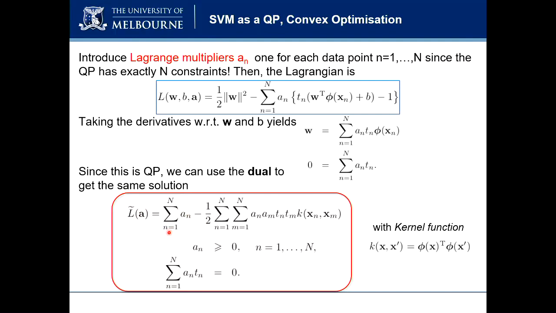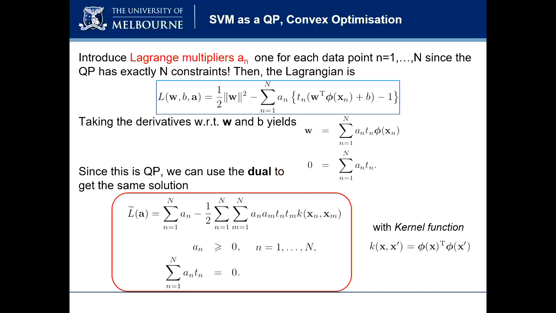The dual is in terms of the ans. The phi's will multiply, and because phi transpose phi can be defined as a kernel function, a well-defined kernel if phi is a good choice, we have an equation with a kernel. And as I said, Lagrange multipliers are greater than or equal to 0 from the Kuhn-Tucker conditions, the KKTs. This additional constraint comes from taking the derivative with respect to b.